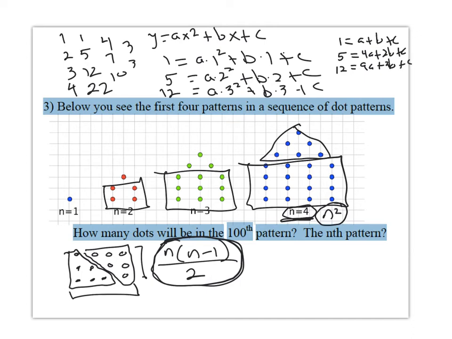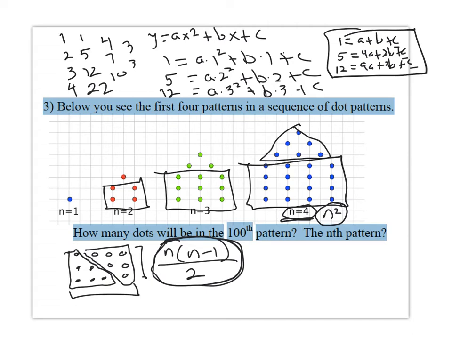Okay, so what does this mean? We have 3 unknowns, a, b, and c, and 3 independent equations. So that means that we have enough information to solve, and so what we're going to do is use elimination. We're going to first find 2 different equations that just have a and b. Well, one of the things that makes this easier is that in each case we just have c.